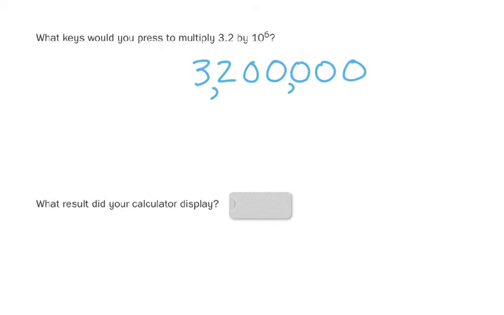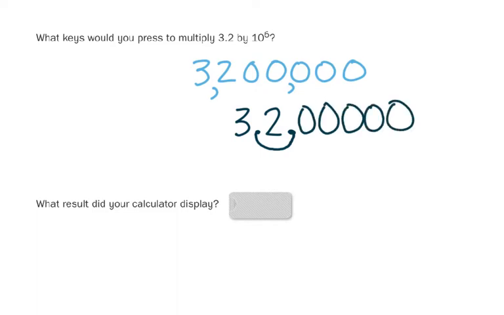When you have 3 2/10, the first 10 that you multiply moves the decimal point over one place to the right. Second 10, third 10, fourth 10, fifth 10, sixth 10. So each time you move the decimal point, it equals multiplying by 10, because remember, it becomes 10 times greater.